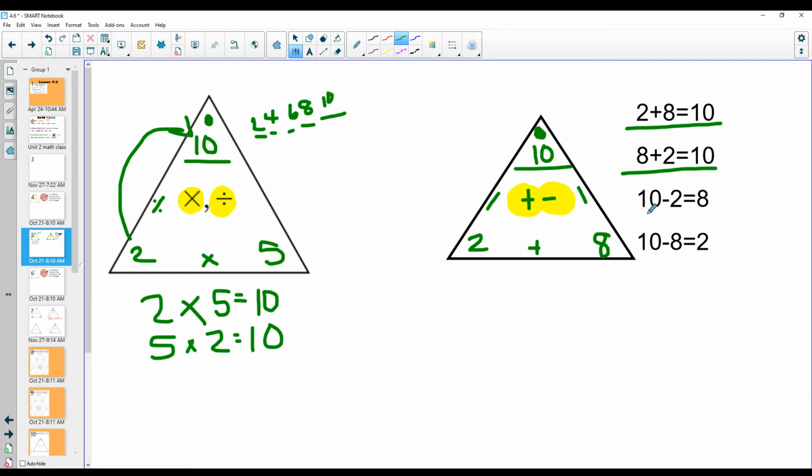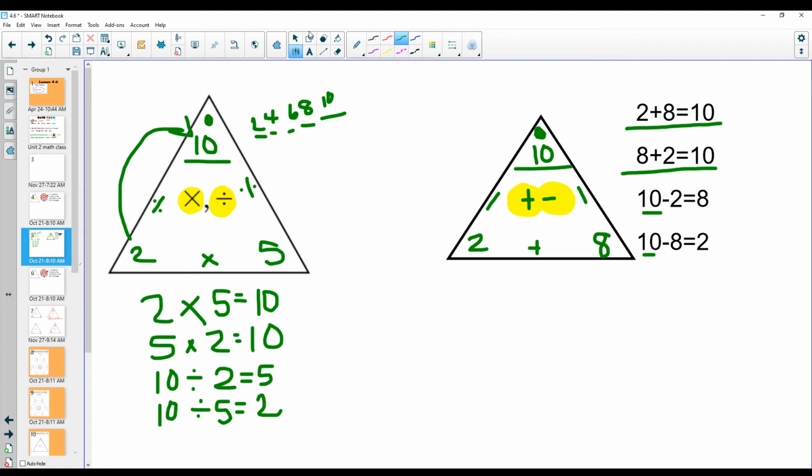All right, now just like the subtraction, we're going to start with the big number first. So we're going to list 10 twice. And look what we're going to do. 10 divided by 2 equals 5. Now we're going to go this way. 10 divided by 5 equals 2.